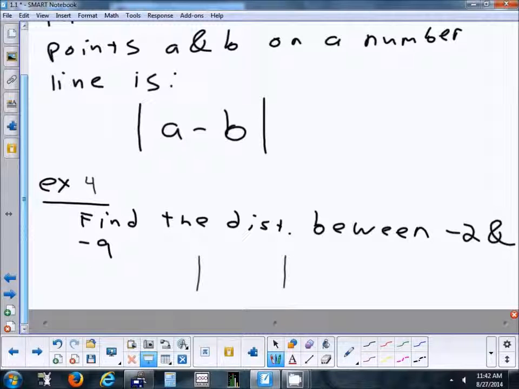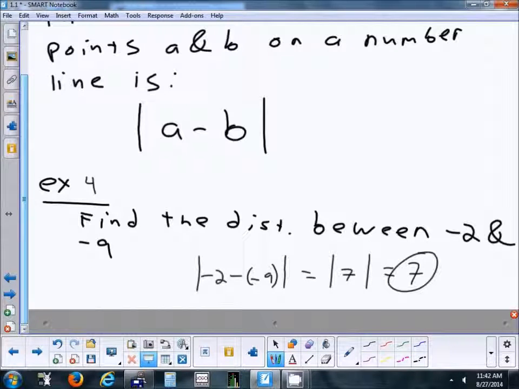Oh, -9. So go ahead, one more time. -2 minus -9. Yes, -2 minus -9. A lot of negatives there. So yep, that's going to become -2 plus 9, which is how much? 7. And now the absolute value of 7, we just went over that earlier. 7. So the distance between those two numbers is 7. If you switch it, you're going to have -9 minus -2, which is -7. Then when you take the absolute value, it's still positive 7.